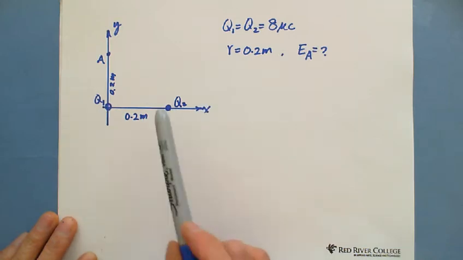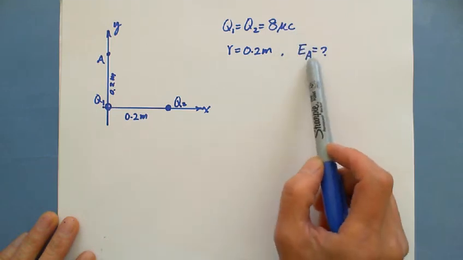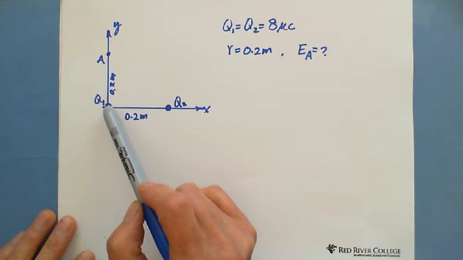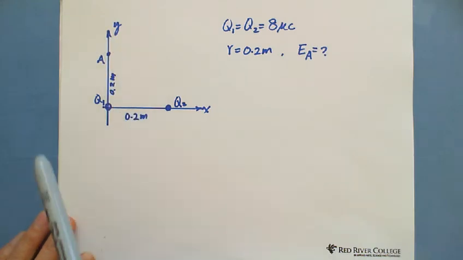These two charges have the same charge, 8 microcoulomb. We're looking for the electric field at point A, which is 0.2 meter in the y direction from Q1.